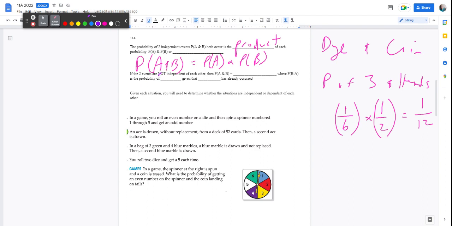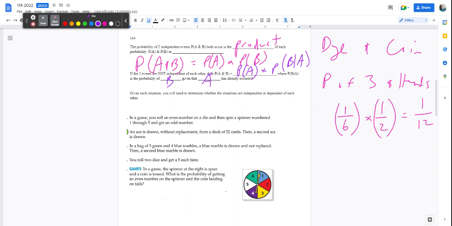Now, let's say two events are not independent of each other. Then the probability of A and B is the probability of A times the probability of B given A, where P(B|A) is the probability of B given that A has already occurred. We'll talk about this when we get to class.